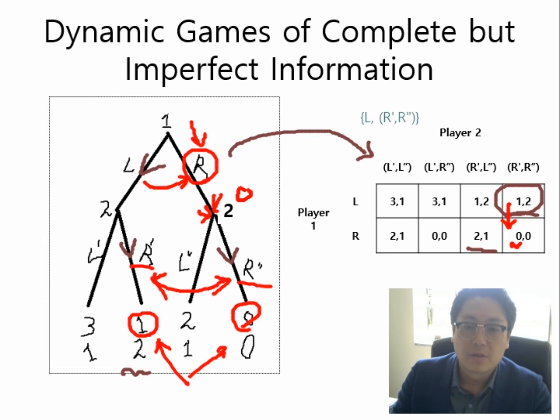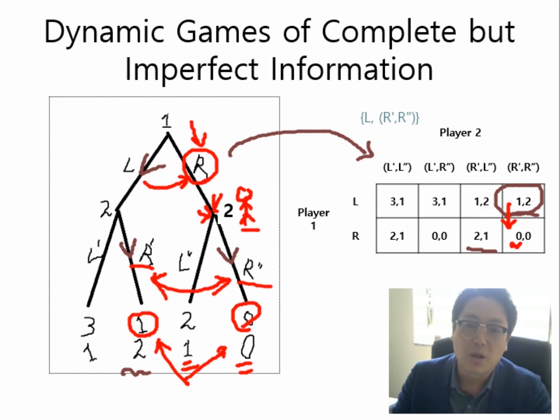Now, the second player is standing here. Before the game started, or ex ante, the second player had a strategy to play R prime and R double prime. Now, once the game has reached this point, the second player will compare the payoffs she can get. The past cannot be reversed, it just happened, and the second player has nothing to do to change it.